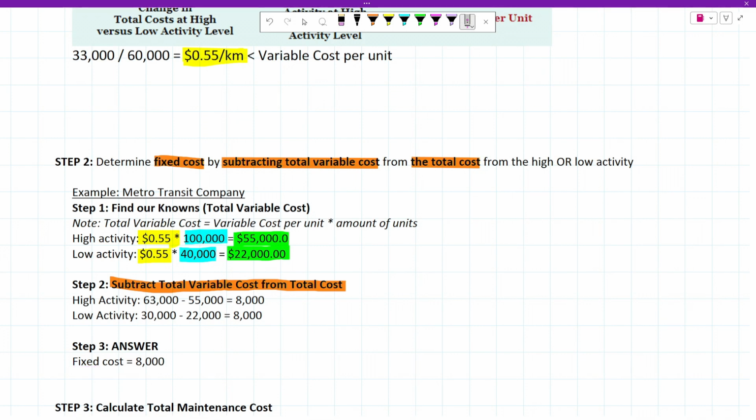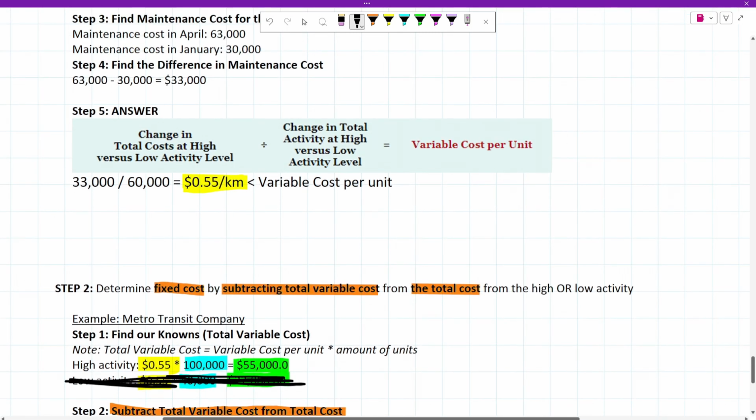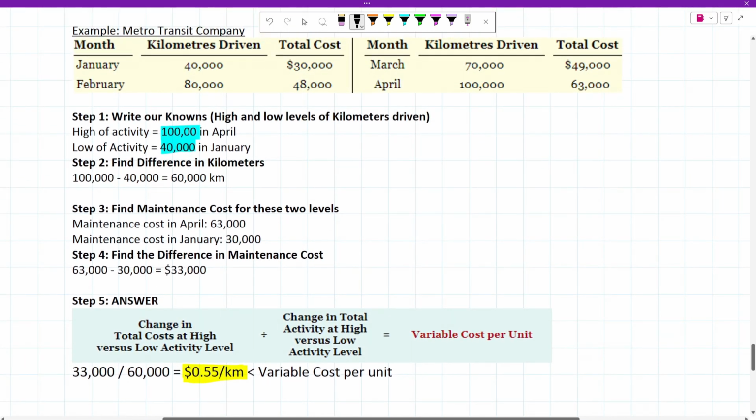And just one thing that you guys should be aware of, mistakes, is if you either pick, so usually, let's say we wouldn't do this. So we would only take the high activity. So whenever we're looking at the numbers, make sure that you guys label them correctly.